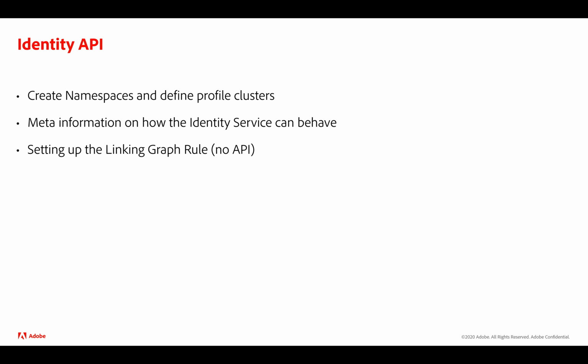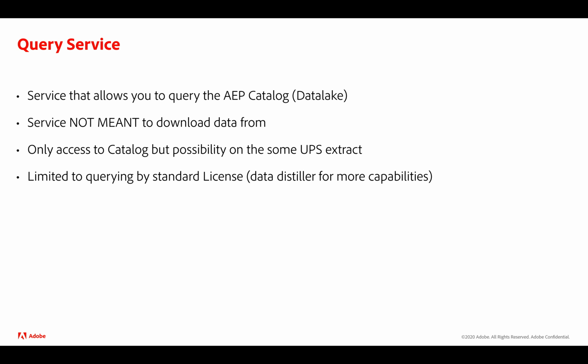Those give meta information on how the identity service can behave and will stitch a user together. There, you can also set up the linking graph rules. There is no API for it, but we will look into the UI and see some demos and make sure you understand the basics of it.